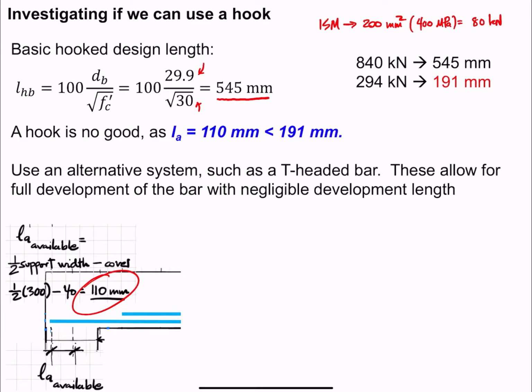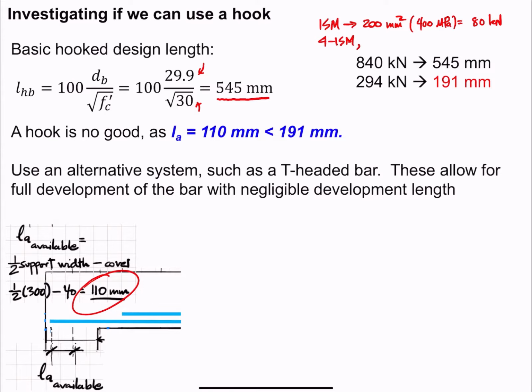So we have 294, so we will need about 4 15Ms. So 4 15Ms will take care of the force.